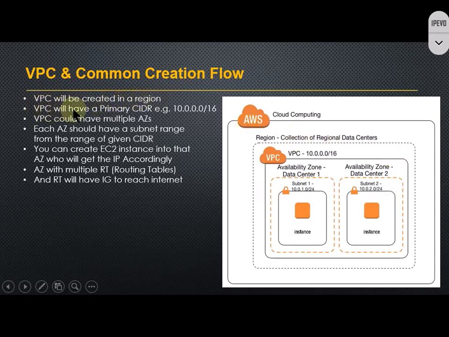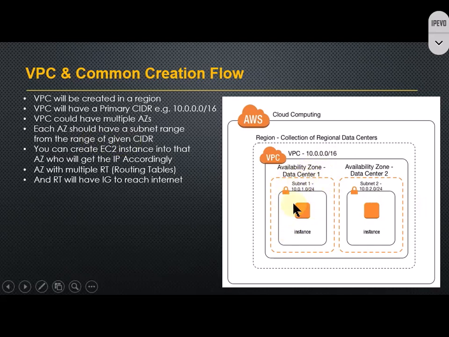Then a VPC will have a primary CIDR block, which is 10.0.0.0/16. It could be anything, it's up to you. Then a VPC could have multiple availability zones. As you can see, we have availability zone number 1, represented with data center 1 and data center 2. Then each AZ should have a subnet range from the given CIDR block.